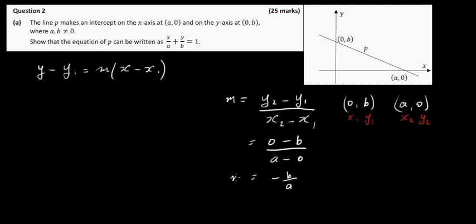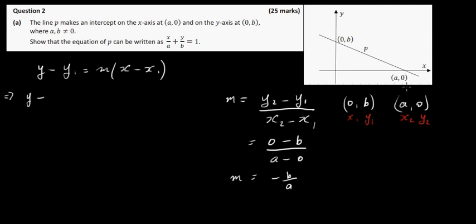So the slope of any line that intercepts the x and the y axis, where b and a are not zeros, is just going to be minus b over a. Let's put that in here and see where we end up. Now we have y minus, and we also need a point, so I'm going to use the point (a, 0).